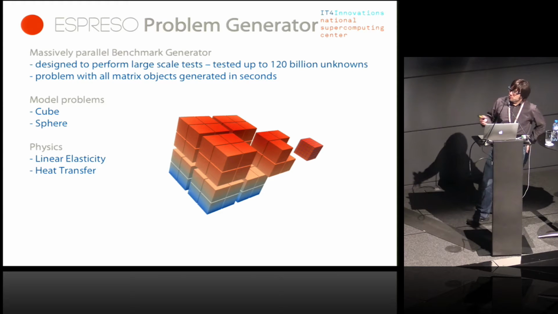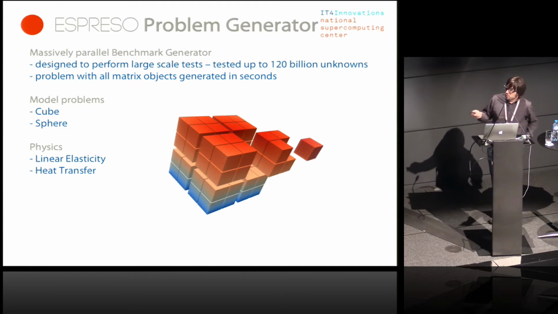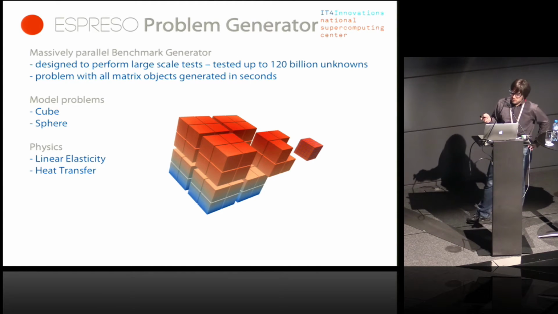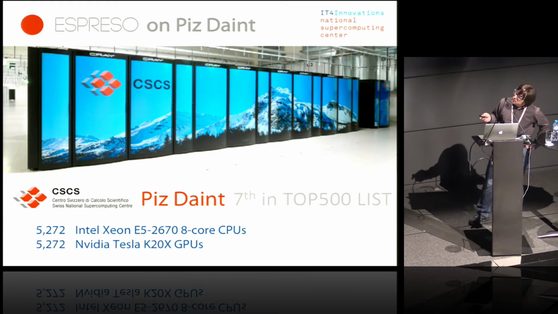Well, you need some communication, but you don't need an extensive communication to assemble the problem. It takes several seconds to assemble a problem of hundreds of billions of unknowns, as far as we tested it. It is a sphere or a cube benchmark, and it supports linear elasticity, heat transfer, or the Laplace equation. So we have several tests on Piz Daint.